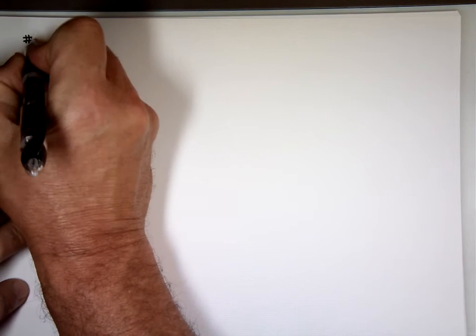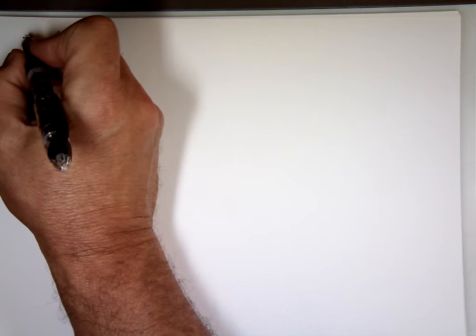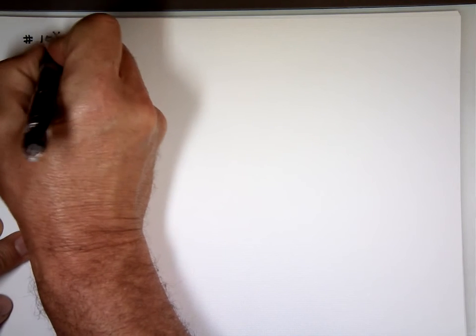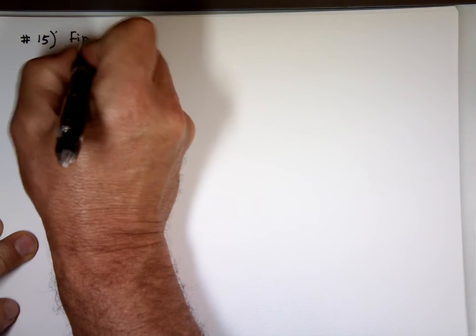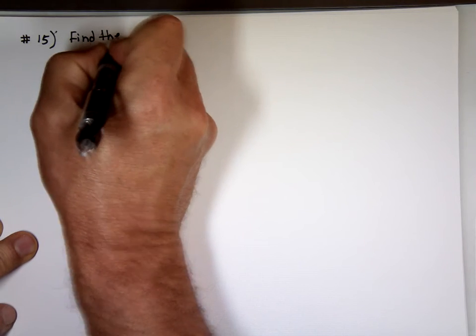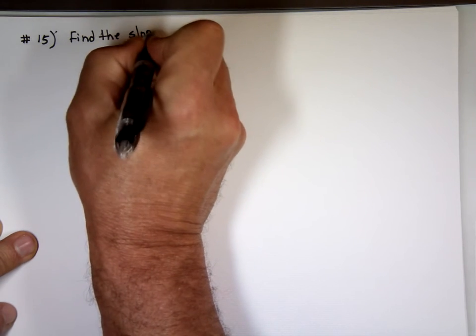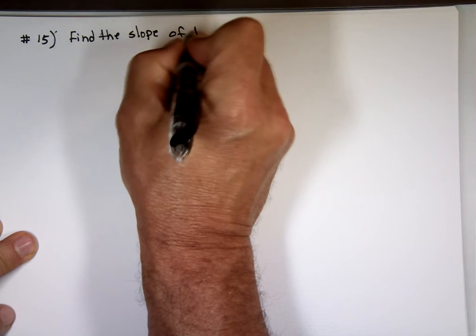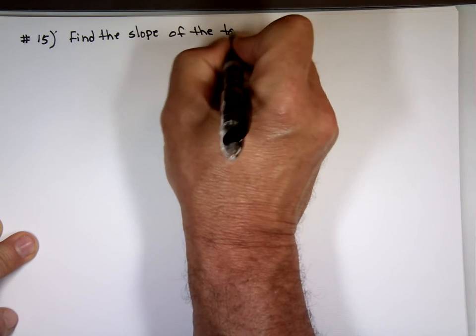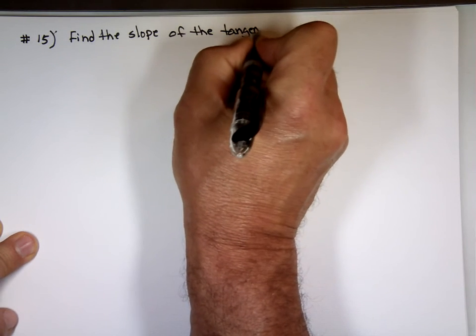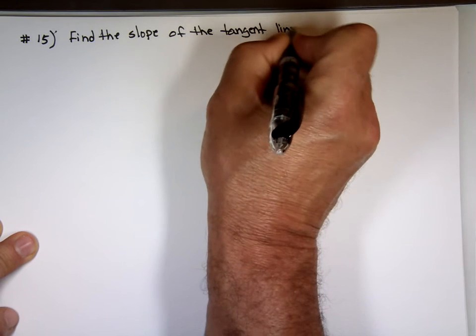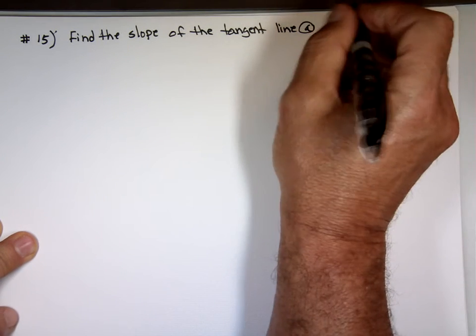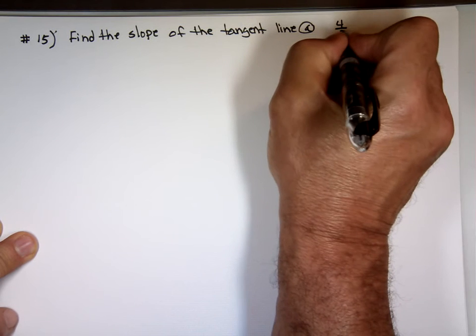Yep. The slope of the tangent line at the point 4 over 3 comma 8 over 3.